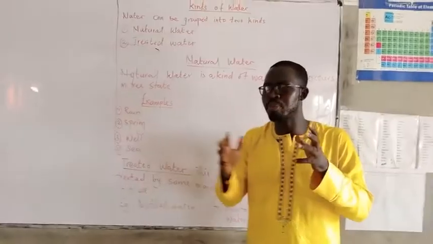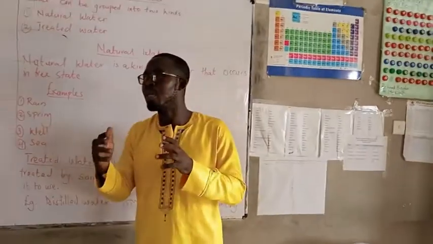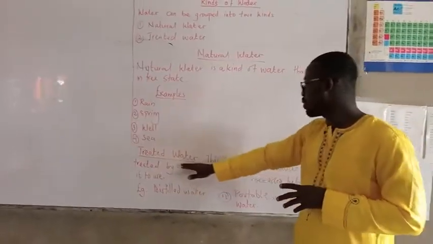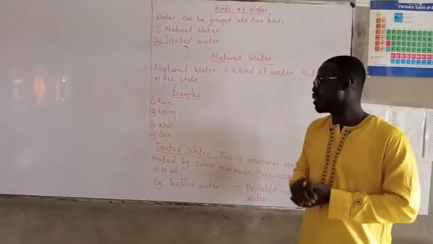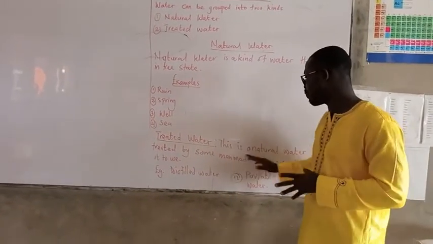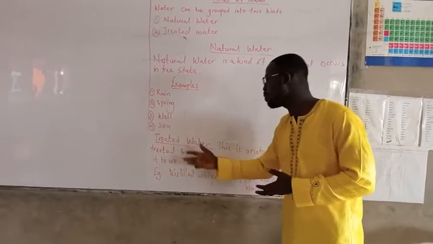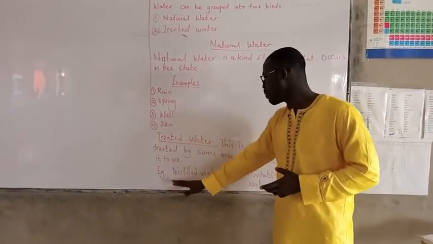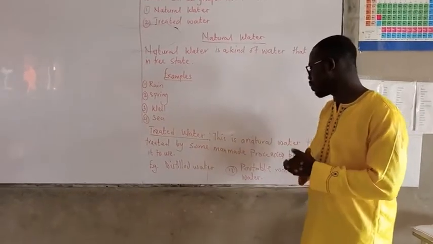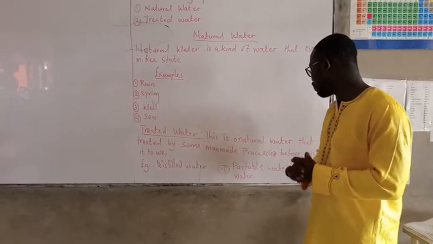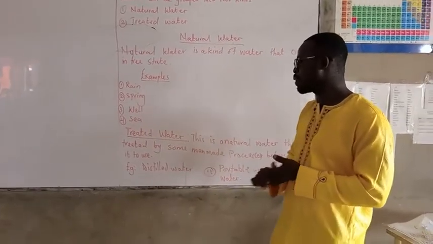So treated water is natural water that is treated by some chemical or physical processes in order for us to get it in a refined form. An example of treated water is distilled water, I will explain that very shortly, and then potable water or drinking water.